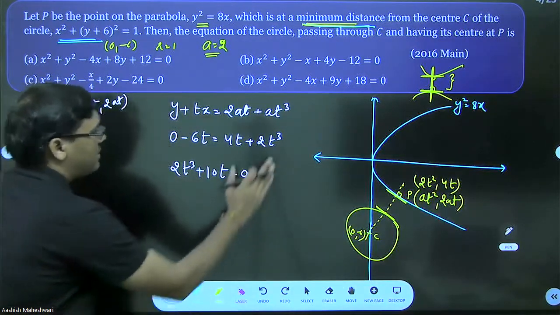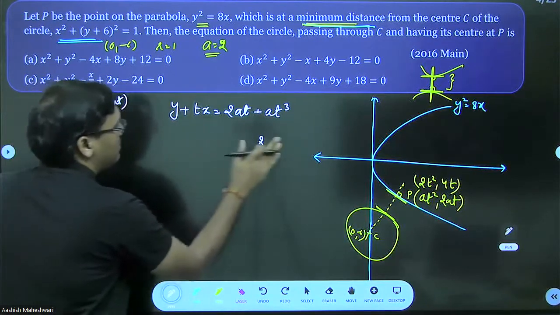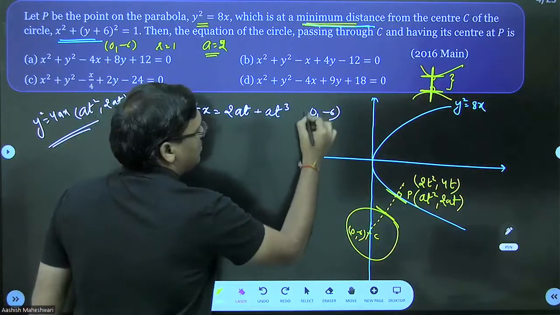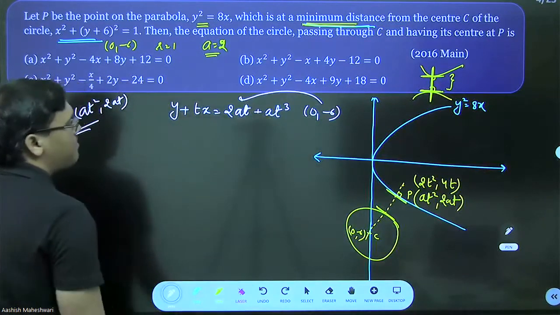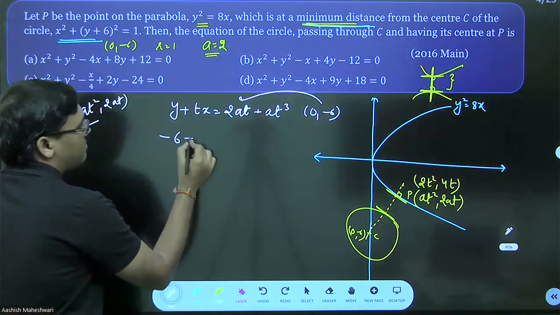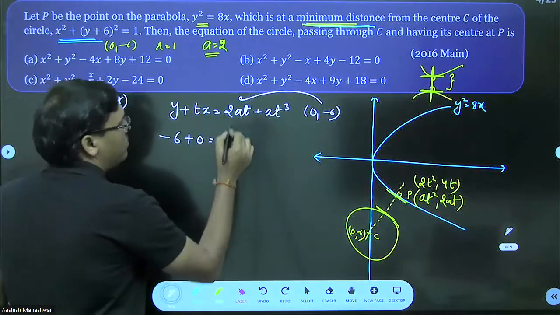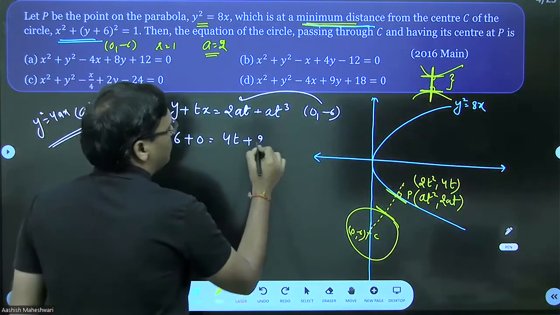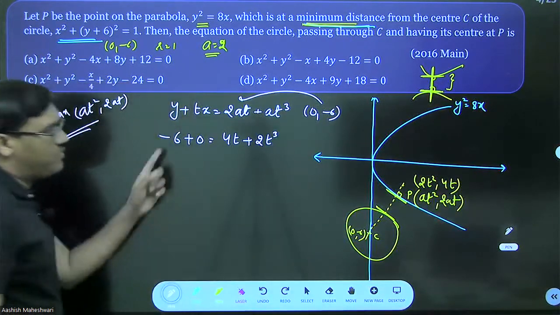Wait. I think we have done something wrong here. We are putting 0 comma minus 6. This is passing through 0 comma minus 6, so it will satisfy this. Minus 6 plus 0 is equal to, a is 2, so this is 4t plus 2t cube. This is the equation. Okay.